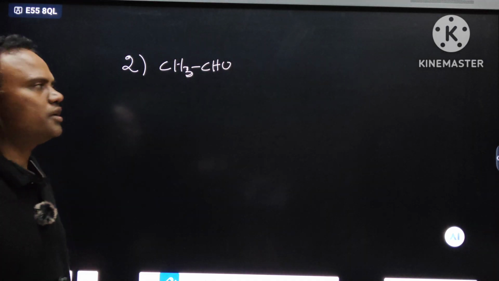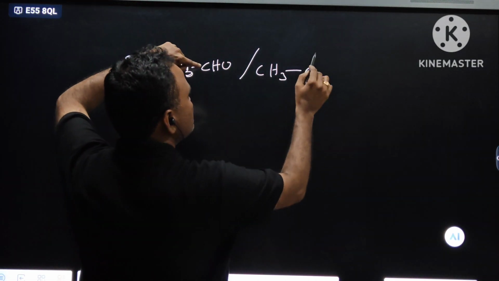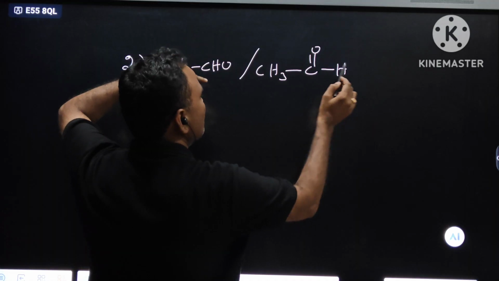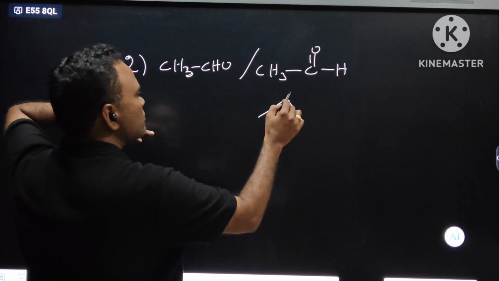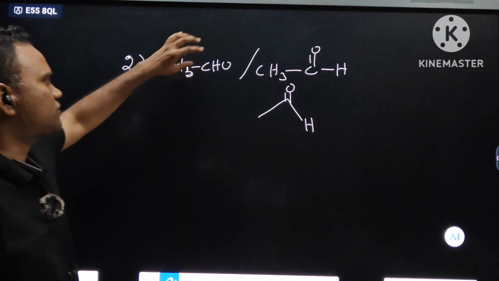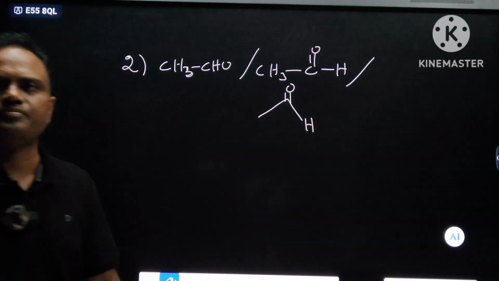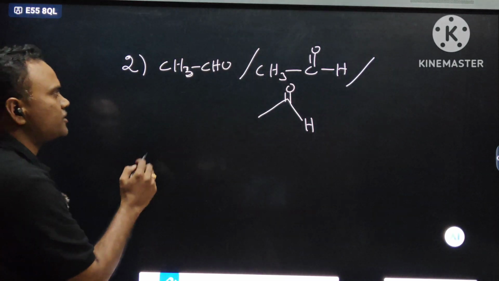CH3CHO can be written like this also, as CH3 C double bond O H, or this compound can be written like this also. This one, this one, this one, all are the same. How many carbons are present in this?